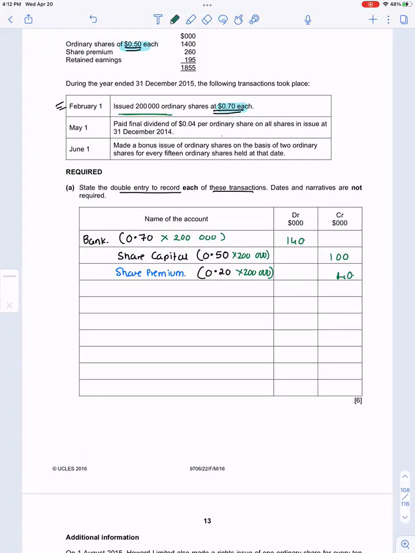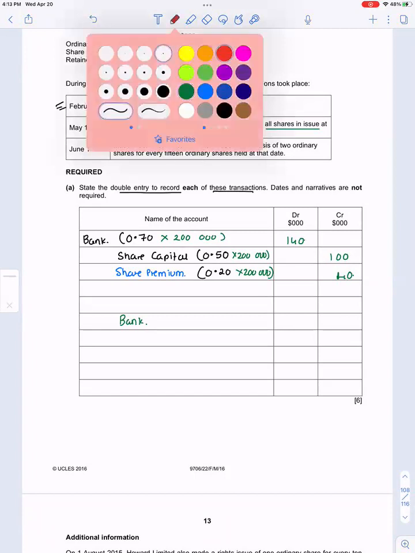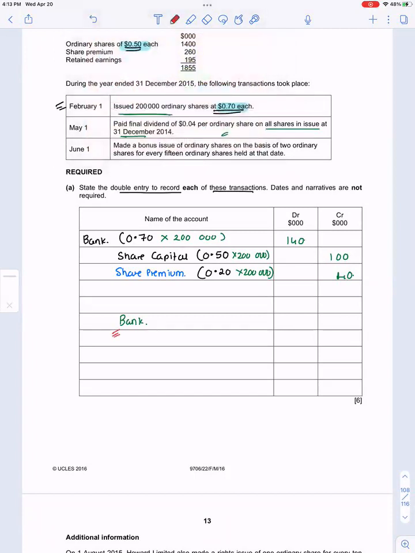Now you're going to pay final dividend on all the shares in issue at 31st of December 2014. So when you pay dividend, money is going out. Money goes out from bank. But you pay dividend out of what?